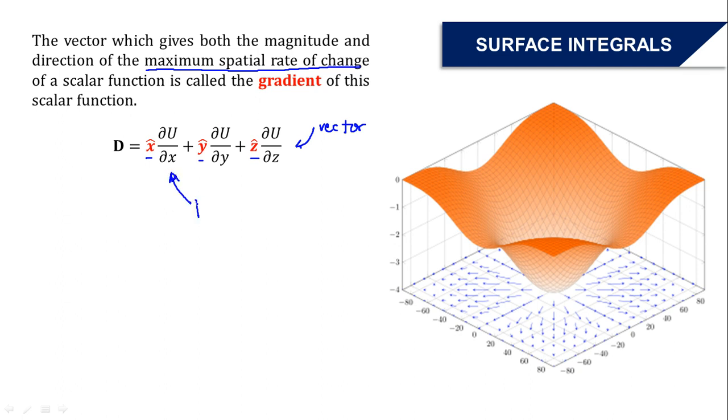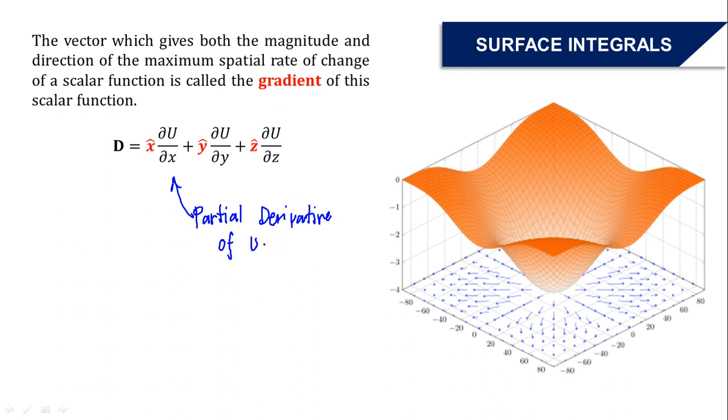It is the partial derivative of a function u with respect to x, y, z. So this means we take the partial derivative of the whole scalar function.